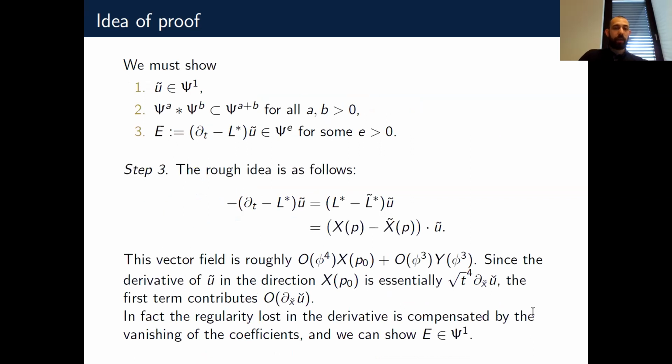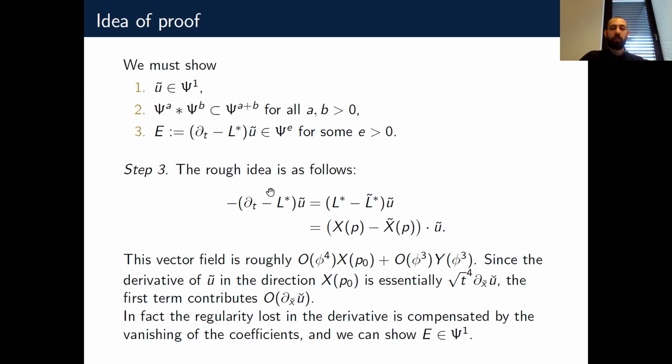Step 3, I hope I can give you an idea. Step 3 is I want the error to be nice enough in the good coordinates. So what is my error? Roughly, u tilde is the actual solution of the approximate diffusion. My approximate diffusion has generator L tilde.